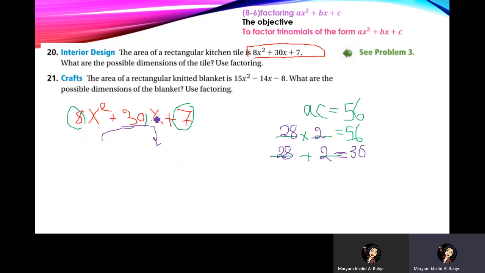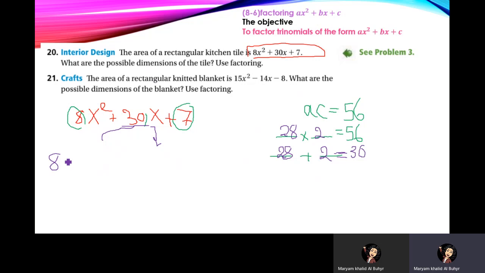So let me now rewrite what I have found. Instead of this 30x, I'll try to factor it. But first of all, I will ask myself, where should I put 28x and 2x? If I put 2x here, it will work with this one, and 28 will work also with the 7. Since this decision works with both of them, I'm going to write it like that.